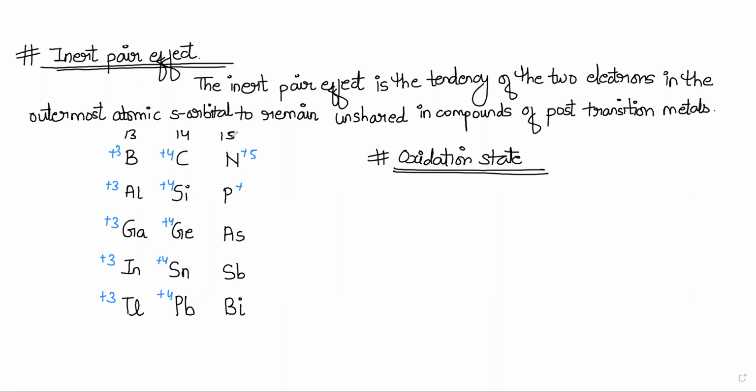For group 15 the maximum oxidation state is +5 because they have 5 valence electrons in their orbitals. Till now, as per our knowledge, this is what we have seen about the maximum oxidation state.